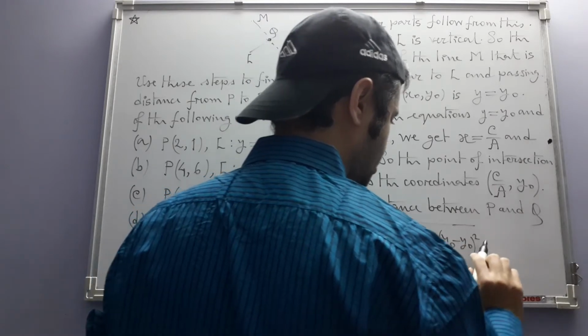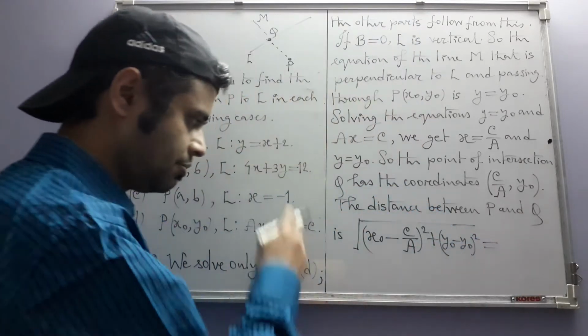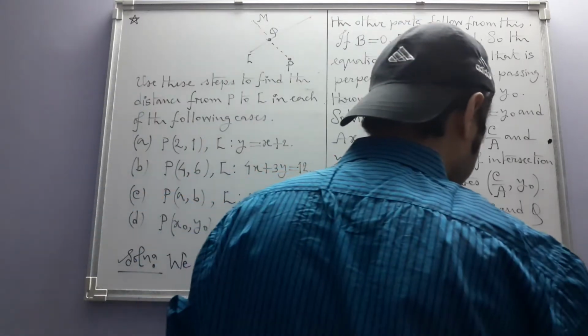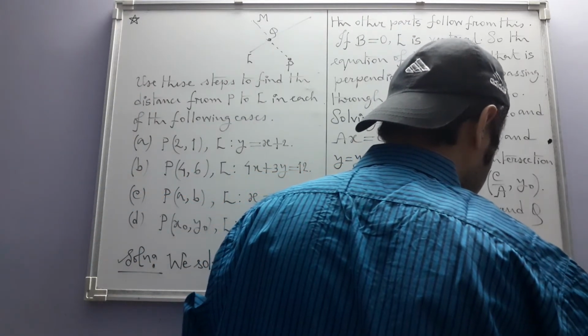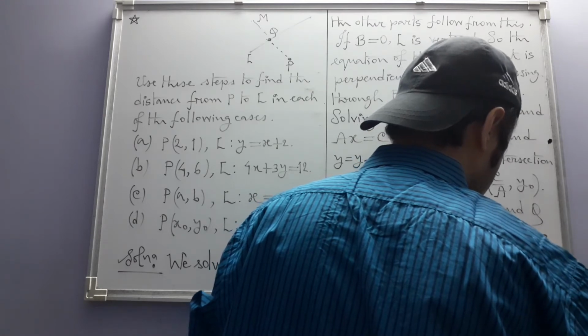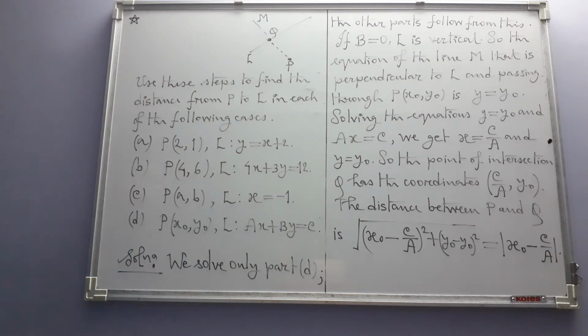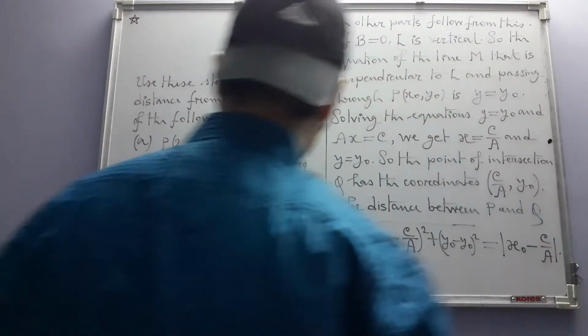So this vanishes and we are left with, if we cancel square and square root, we are left with this. Okay, so that is one case.